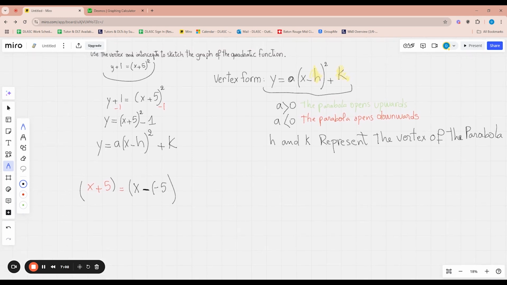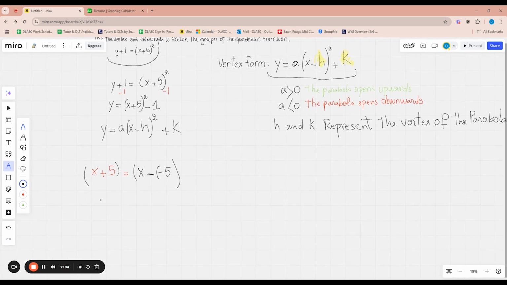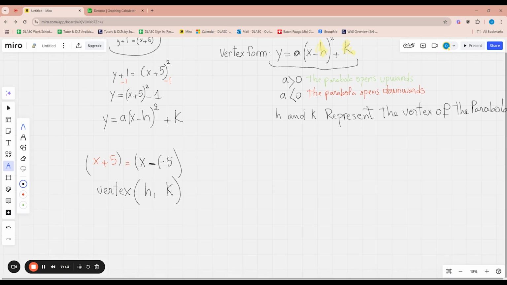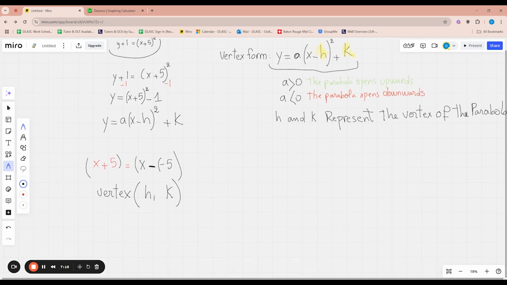This means that, as I said, the vertex is (h, k). Our vertex has negative 5 as h, and k is gonna be negative 1.